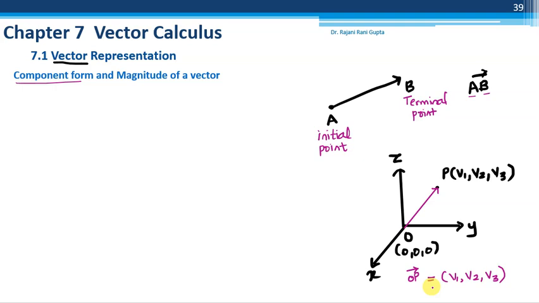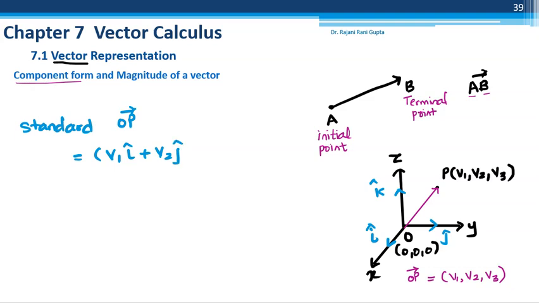If we want to write it in the standard form, we need to know that it's standard to denote the unit vector along the x-axis as i cap, along the y-axis as j cap, and along the z-axis as k cap. So the standard form of writing this vector OP will be V1 i, V2 j, because V1 is the component along the x-axis, V2 is the component along the y-axis.